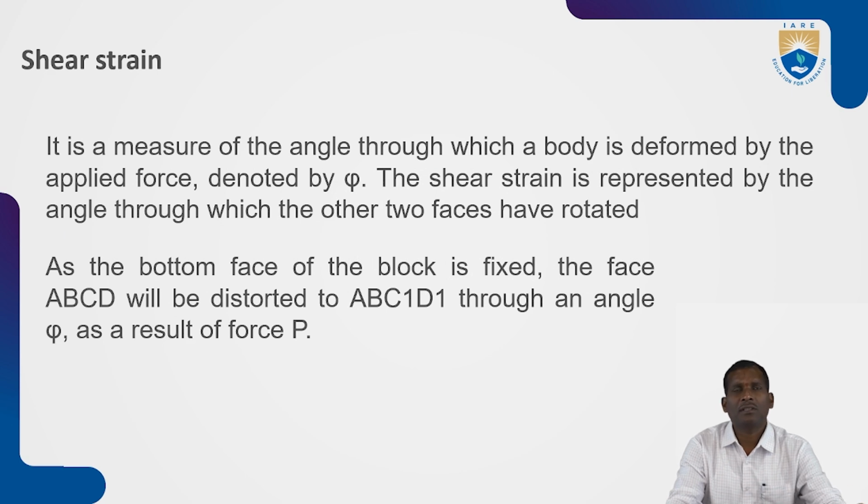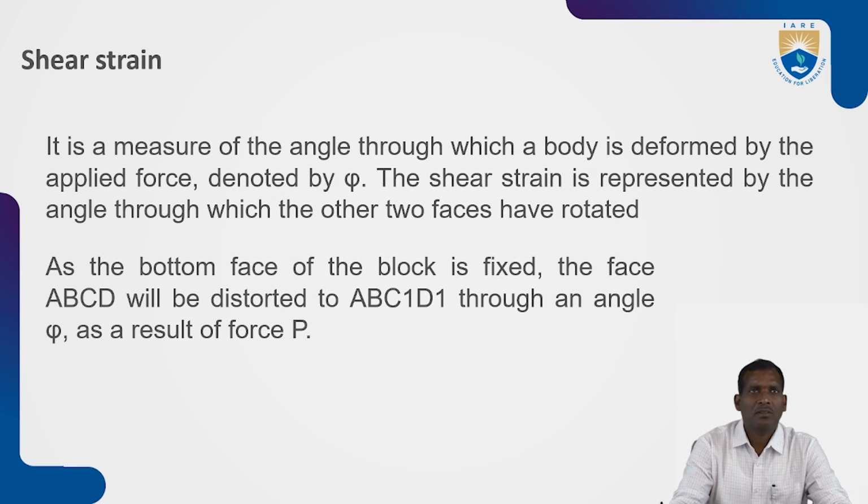Next is the shear strain. It is a measure of the angle through which a body is deformed by the applied force, denoted by psi. The shear strain is represented by the angle through which the other two faces have rotated.